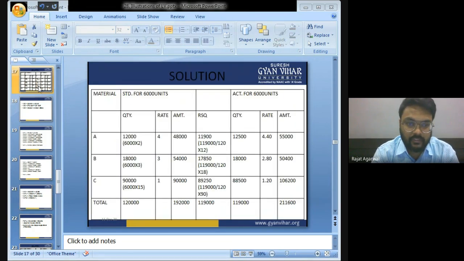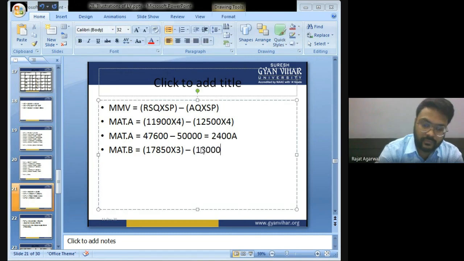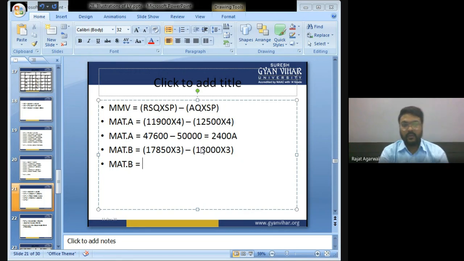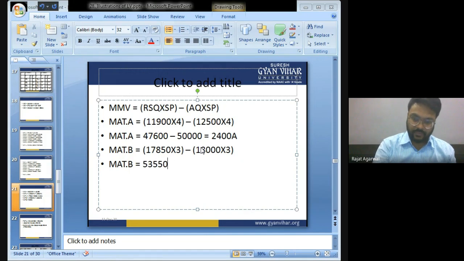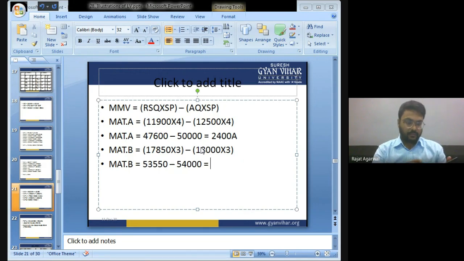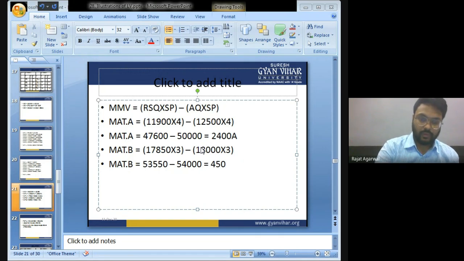Actual quantity of B is 18,000 into standard price 3. 17,850 into 3 is 53,550. 18,000 into 3 is 54,000. 53,550 minus 54,000 is 450 adverse. Answer is 450 adverse.